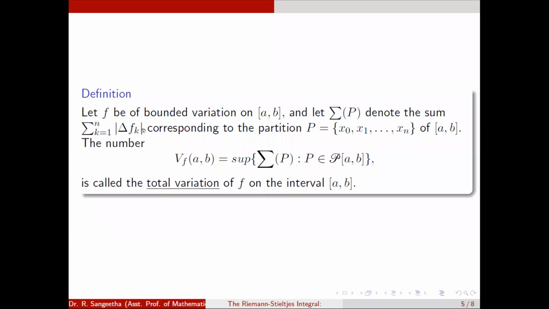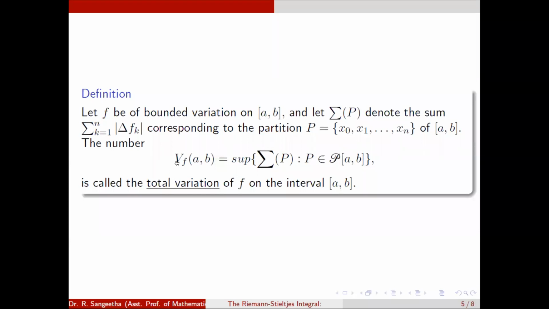Actually, we are computing the sum with respect to each partition, and we know that in the closed interval [a, b] we have many partitions. With respect to each partition, find the sum. So we get a collection of sums which are bounded above, and hence we can find the supremum of that collection. We call that supremum the total variation. The notation is V_f[a, b].